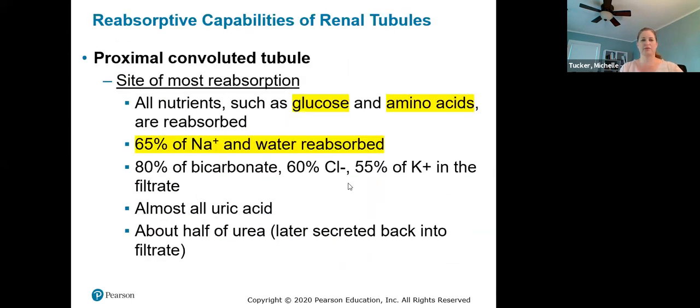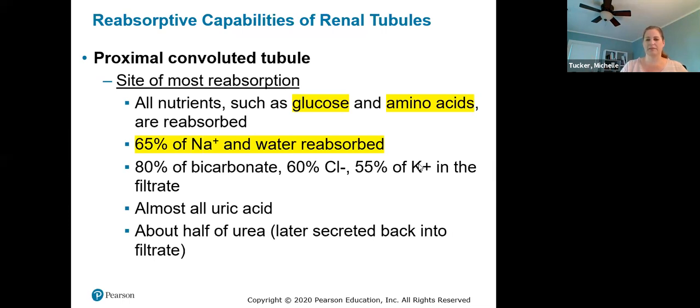Proximal convoluted tubule, again, this is just re-summarizing that 100% of glucose and amino acids should be reabsorbed. 65 to 70% of sodium and water should be reabsorbed. Then you also get 80% of bicarbonate, which we'll talk about in the next chapter mainly.